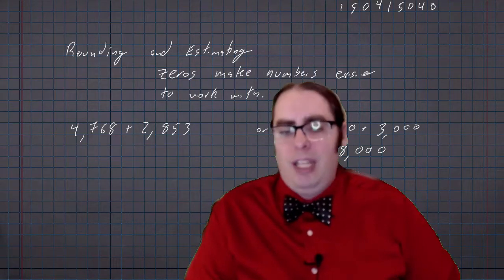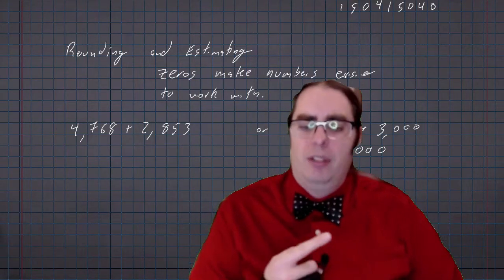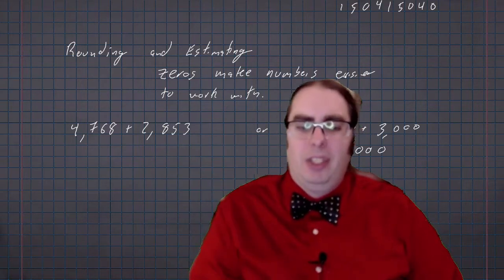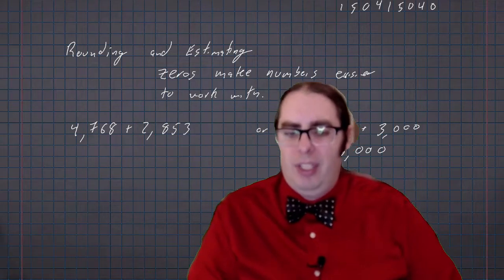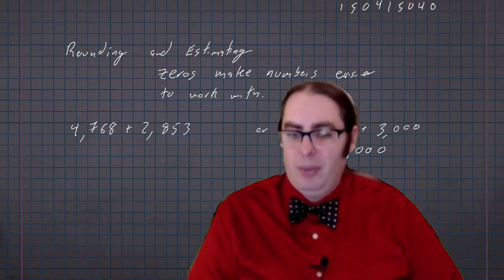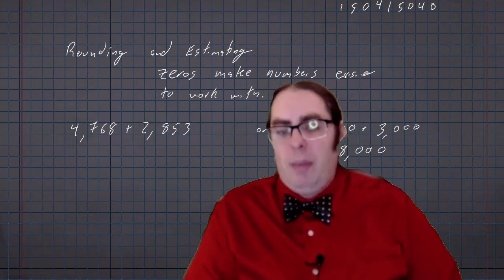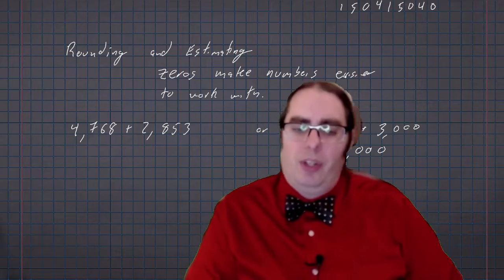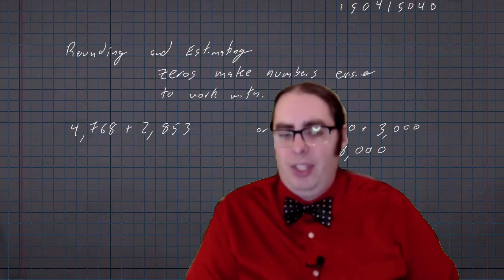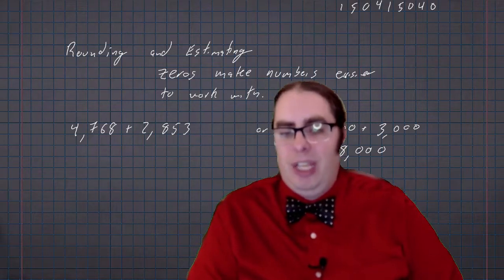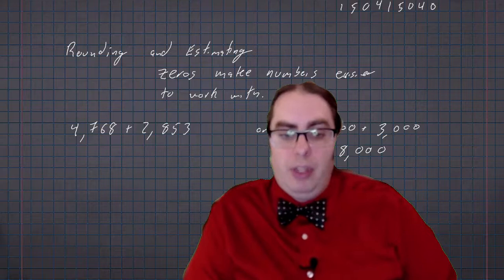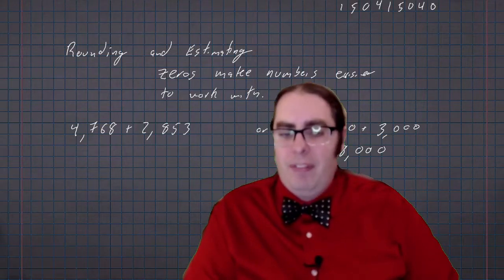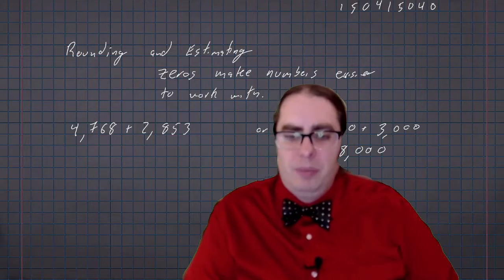If I'm telling my calculator to add 4,768 plus 2,853, and I screw up, and when I push the 8 key, the calculator doesn't register it, all of a sudden I'm telling my calculator to add 4,768 plus 253 instead. And I get something like 5,150.